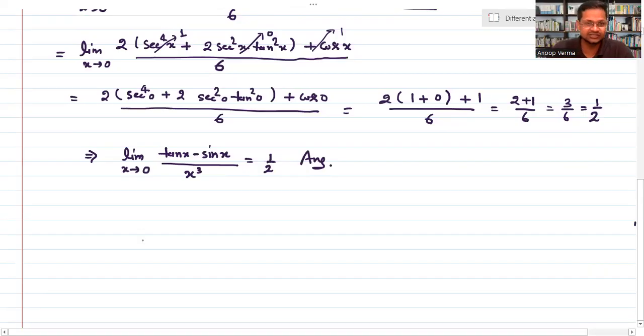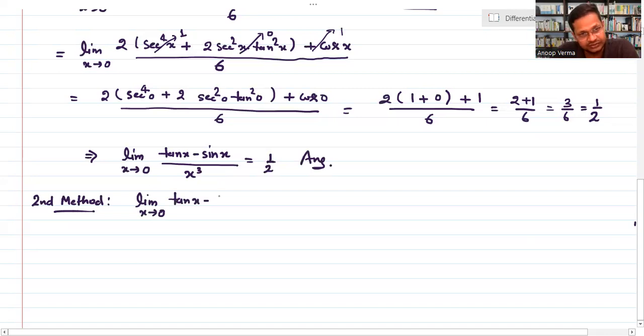Okay, so we can also discuss the second method. We can also calculate this limit by another method. In your textbook they are just using the expansion, but there is no need to use the expansion because we are learning the concept of the L'Hospital rule. Okay, so we know the expansion of tan x and we know the expansion of sin x.